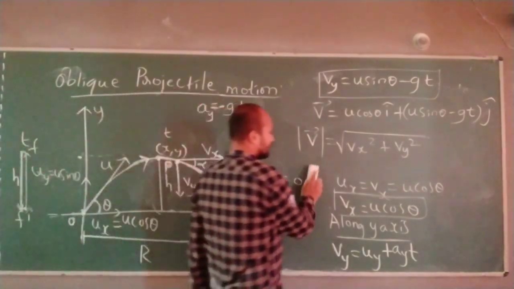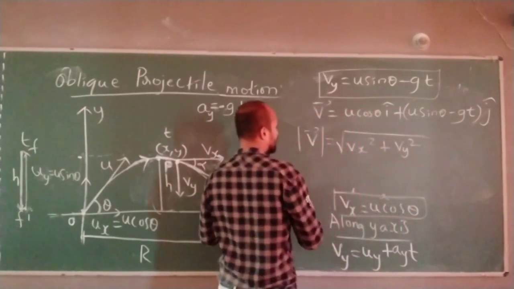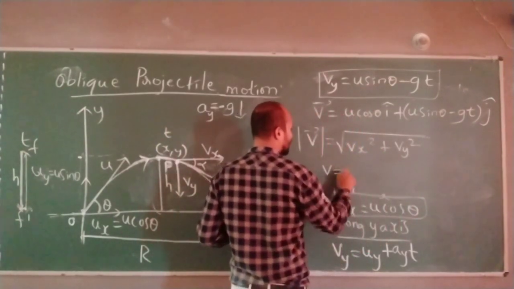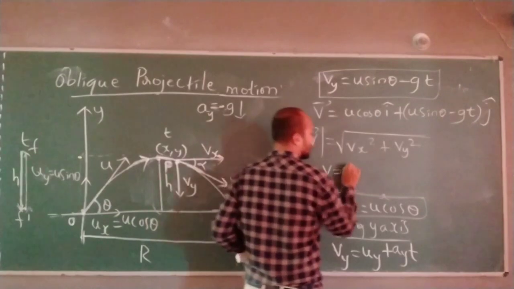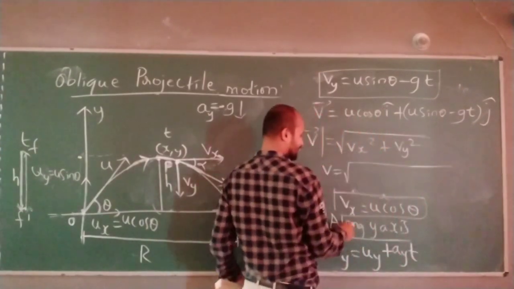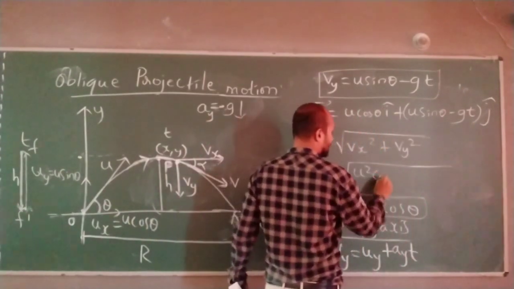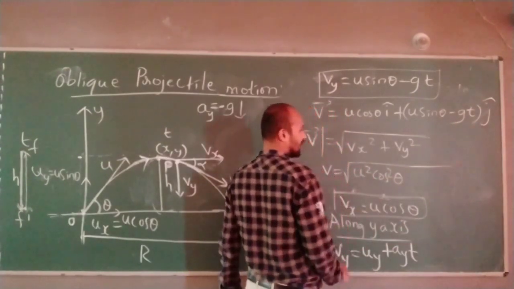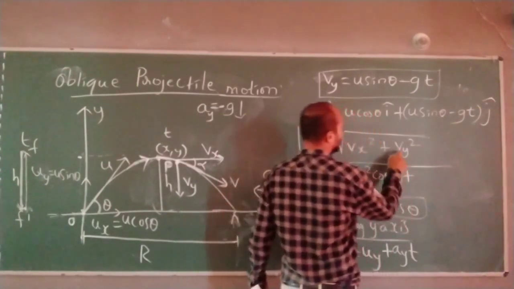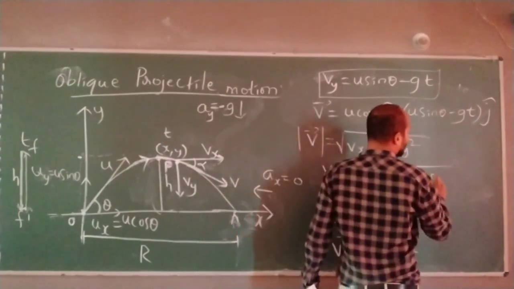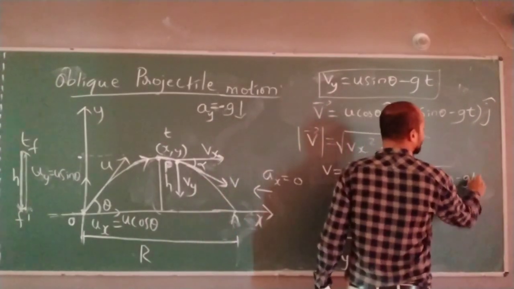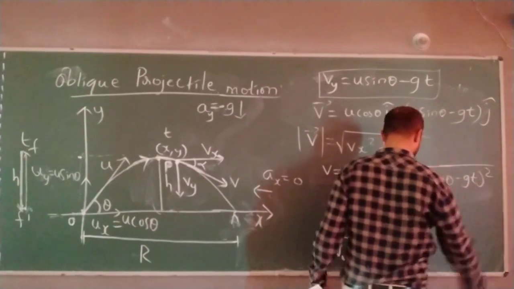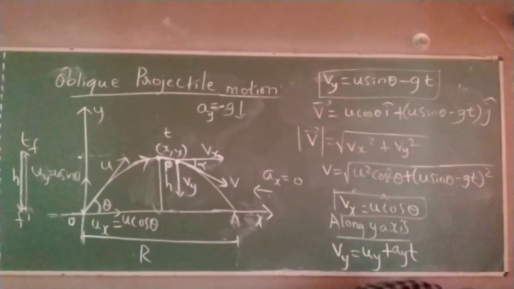So I can write mod v is equal to the square root of u square cos square theta plus (u sin theta minus gt) whole square. Are you understanding?